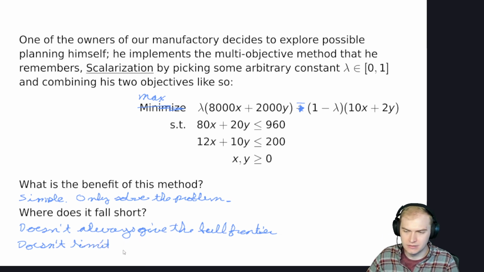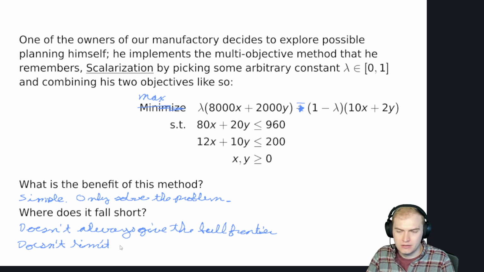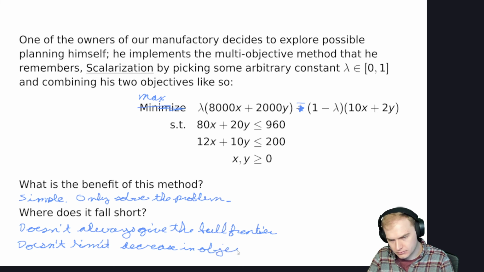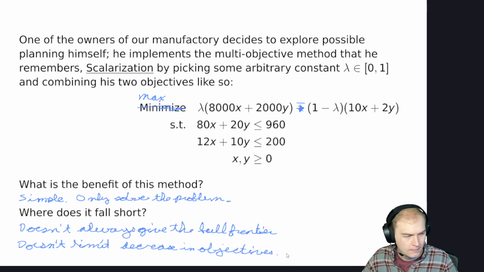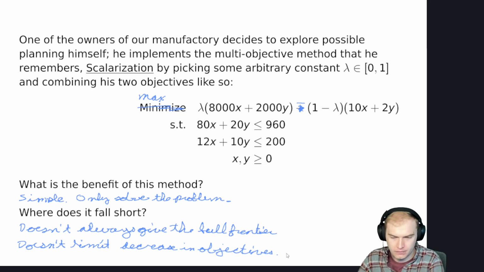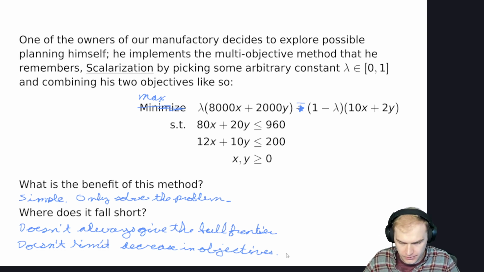That's not a T, that's an L. Doesn't limit not improvement, but decrease in objectives, like the rollover does. Still popular, and in fact, we'll show you where I've used it in the past.